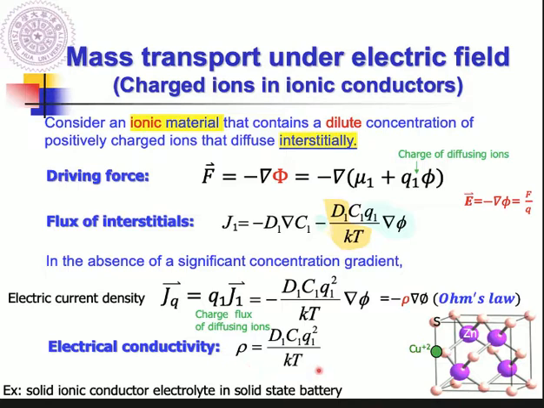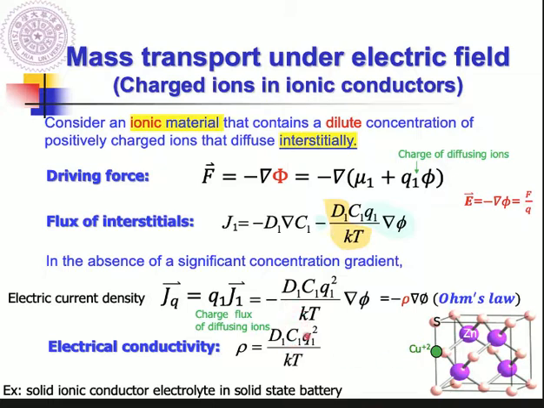So based on this result, if you want to increase the conductivity of this electrolyte or ionic material, you can increase the diffusivity of these interstitial ions moving through your material. Some people deal with the crystal structure of this ionic material, or try something that can affect the diffusivity of these copper ions.